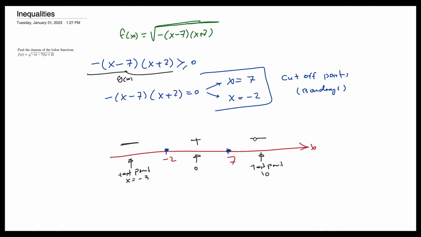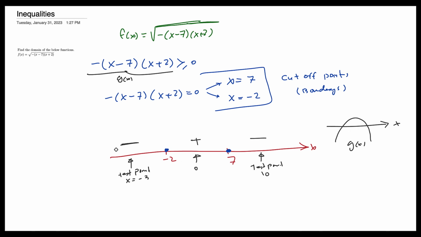There is more to it because g of x is a quadratic polynomial. Look at this: it has two linear factors multiplied together by a negative sign, and the leading coefficient is going to be negative 1. The shape of g of x looks like this, and it's going to cross the x-axis at 2 points, negative 2 and 7.